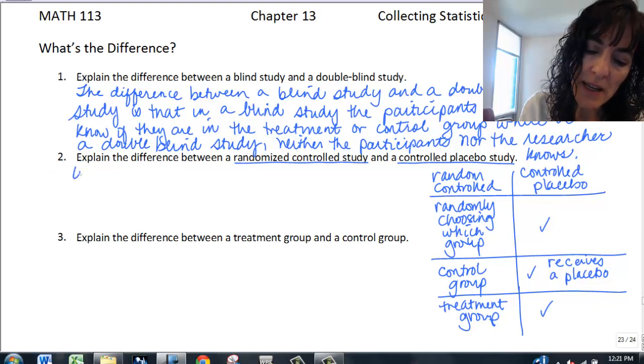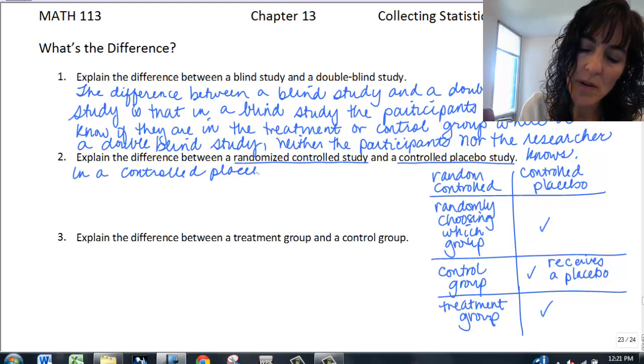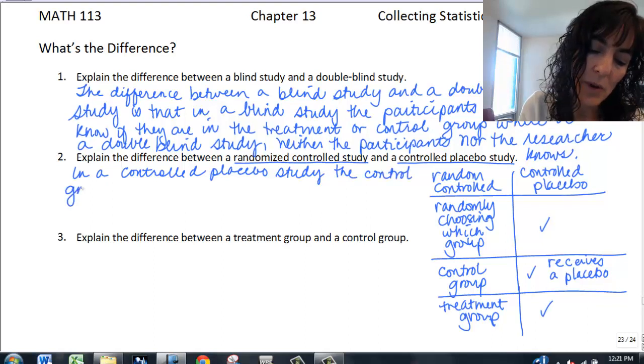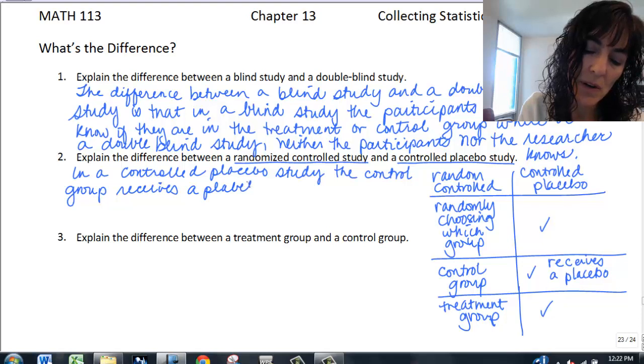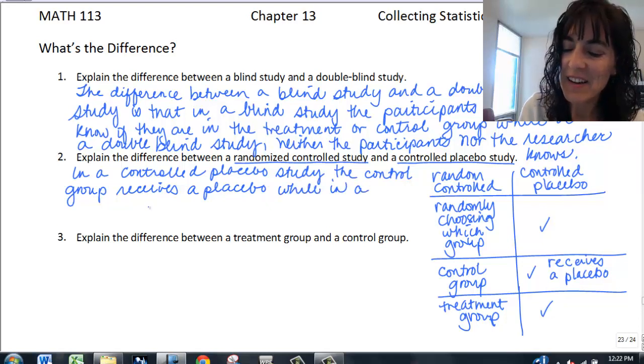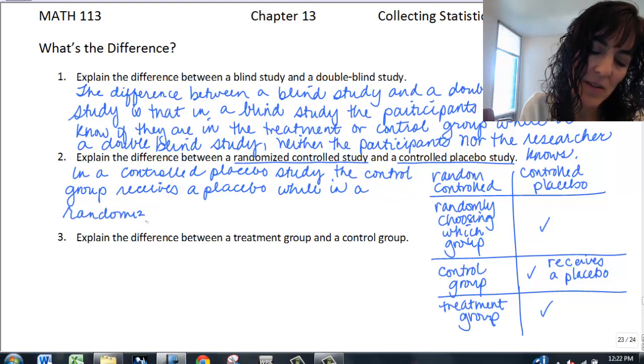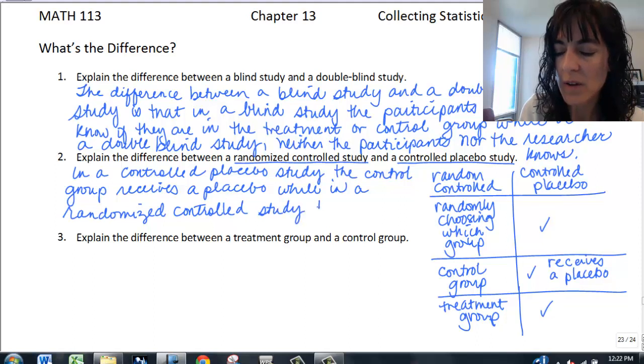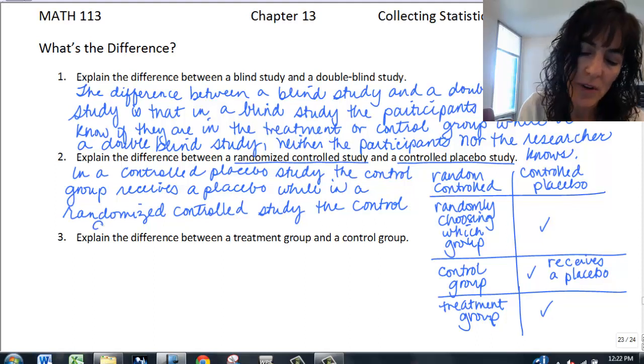So we would say in a controlled placebo study, the control group receives a placebo, while in a randomized controlled study, the control group receives no treatment.